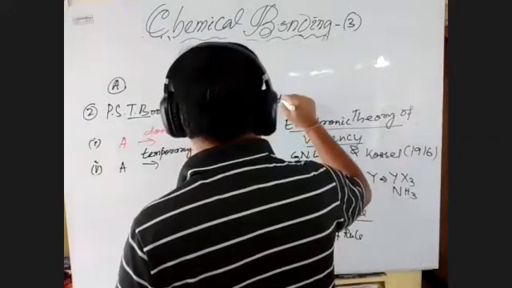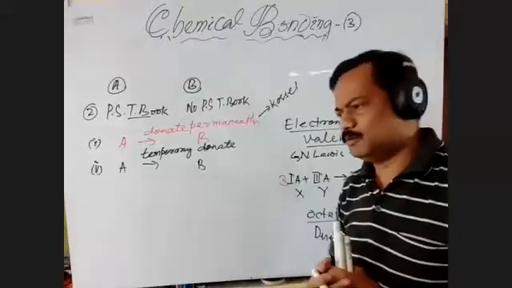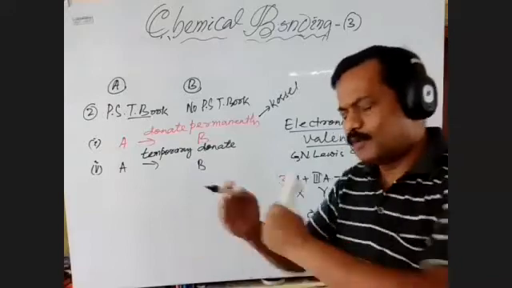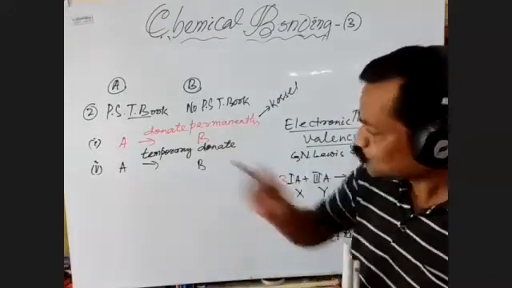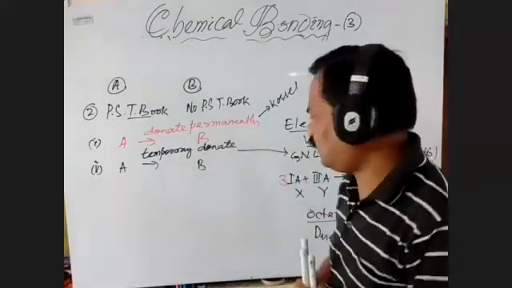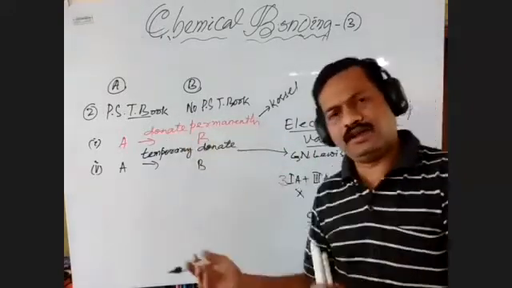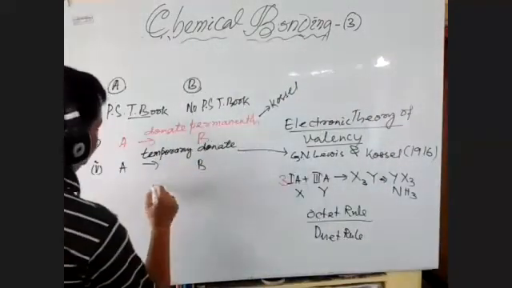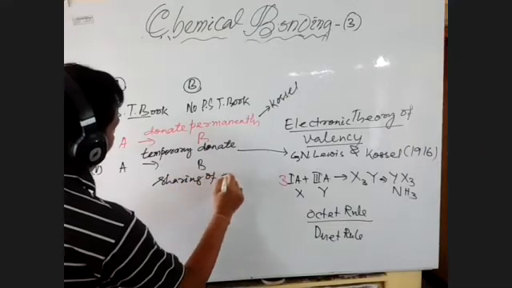The person suggested that during the formation of the bond, a certain element permanently donates the electron to the other one, and the other accepts that electron. Whereas GND suggested that permanent donation is not possible, and there is another option called temporary donation, which we call sharing of electron.